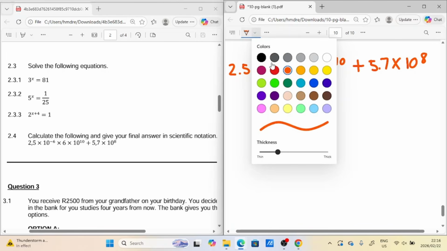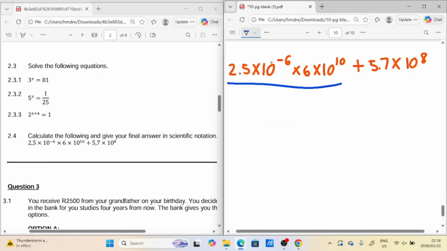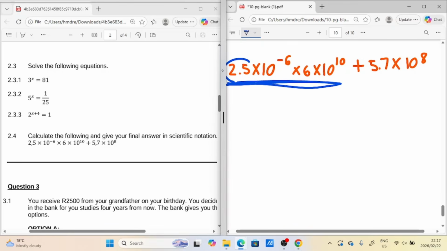Okay, so what I would do first of all is we are multiplying these two terms, so I would try to sort these ones out, simplify a bit. So 2.5 times 6, we can work with these terms first. It's multiplying, so it doesn't matter which order we do it. So 2.5, then it would be 5, 7.5, 10, 12.5, 15.